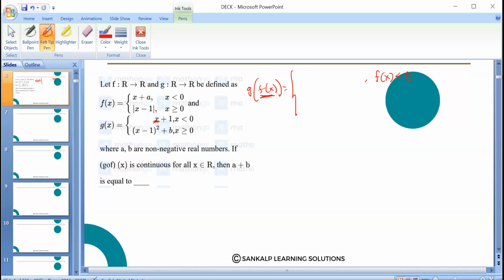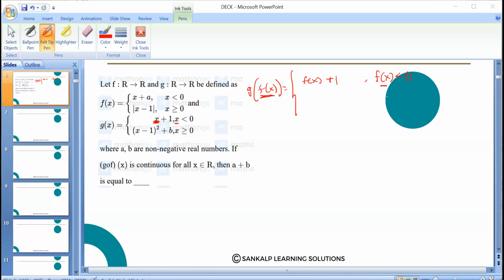We have to make g of f of x plus 1. See the g function, x is less than 0. I have taken f of x less than 0. So x plus 1 became f of x plus 1.